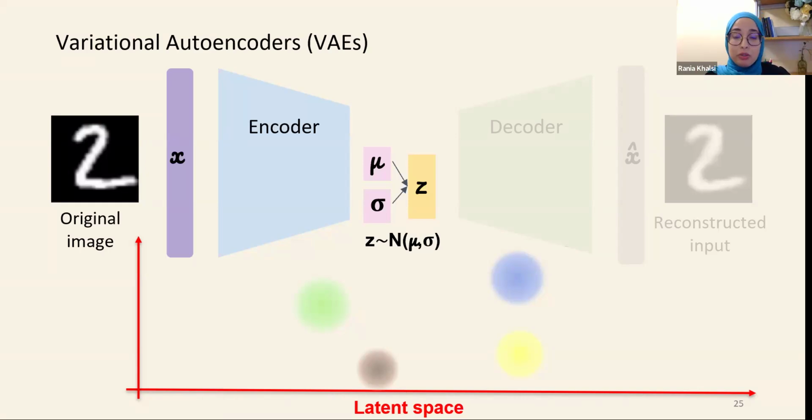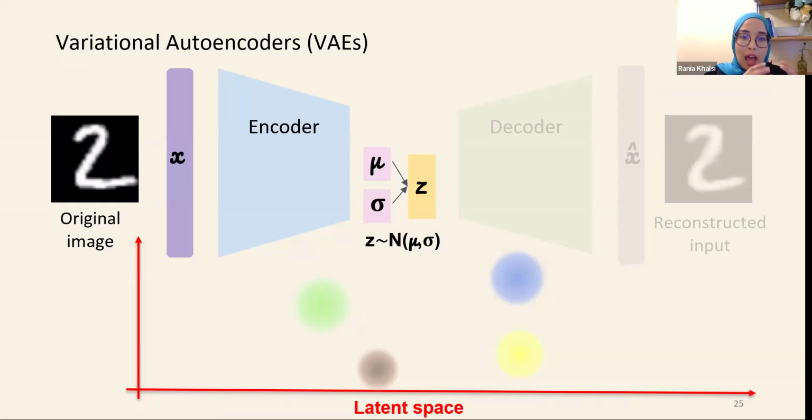Let's start with continuity. Continuity means that if two input examples are similar, their latent representations should also lie close together. In other words, closeness in latent space should correspond to closeness in data space.